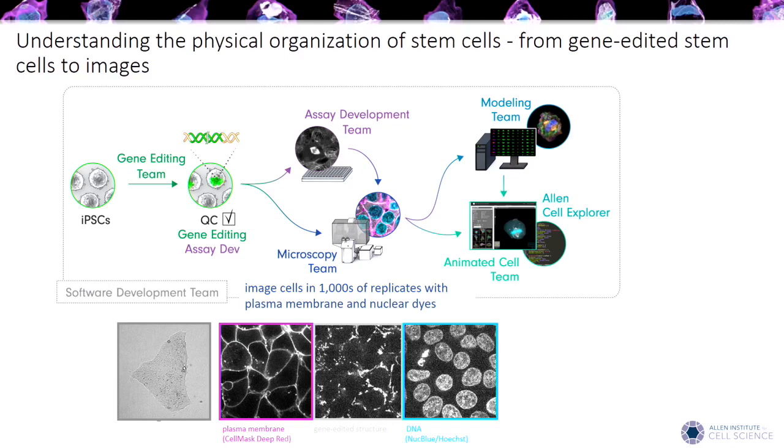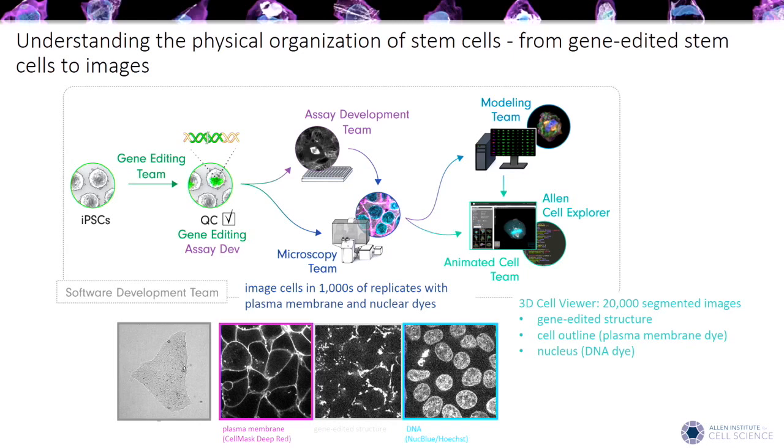All those cells are segmented, and all good segmented cells are uploaded into the Allen Cell Explorer. The 3D cell viewer in the Explorer currently contains 20,000 segmented cells.